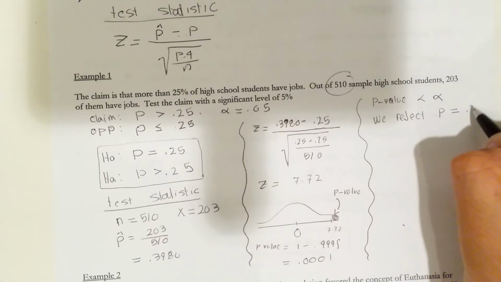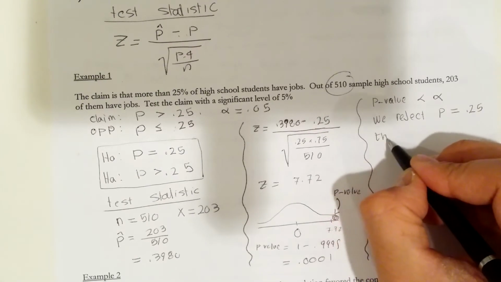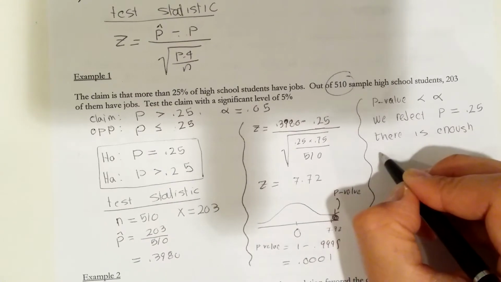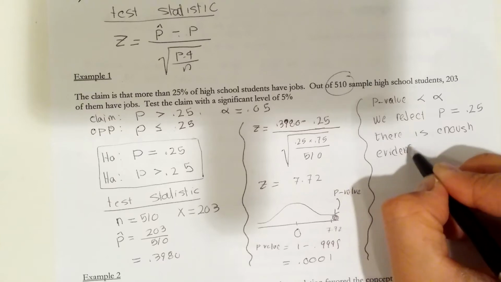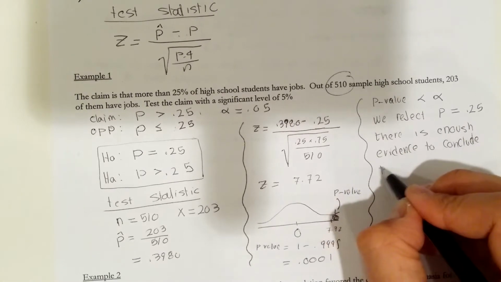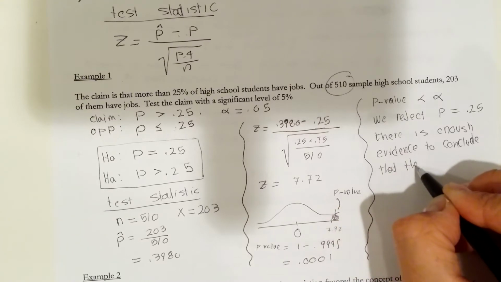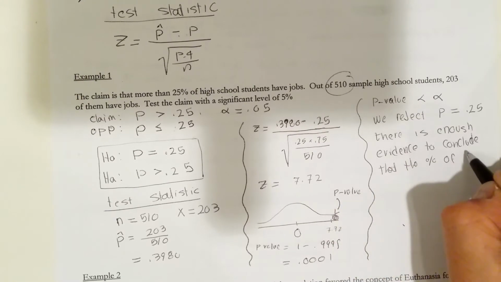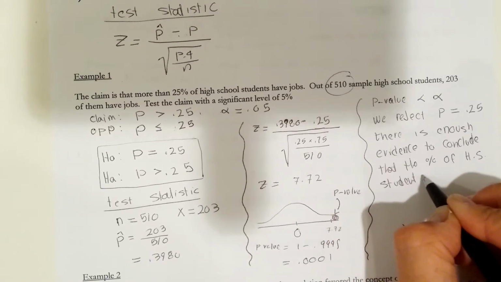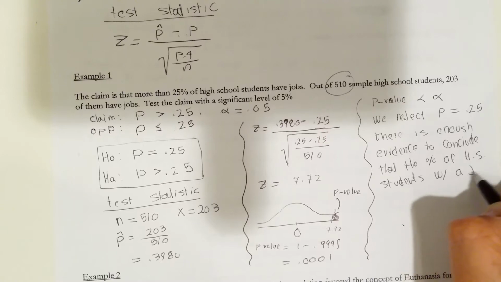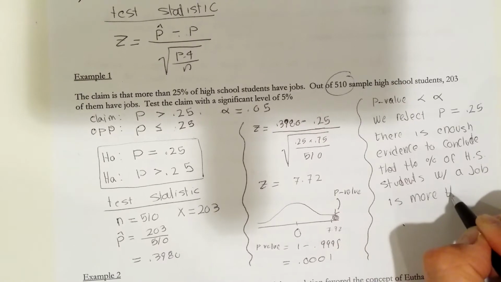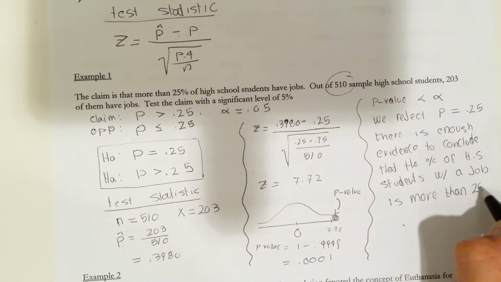p equals 0.25. There is enough evidence to conclude that the percent of high school students with a job is more than 25%.